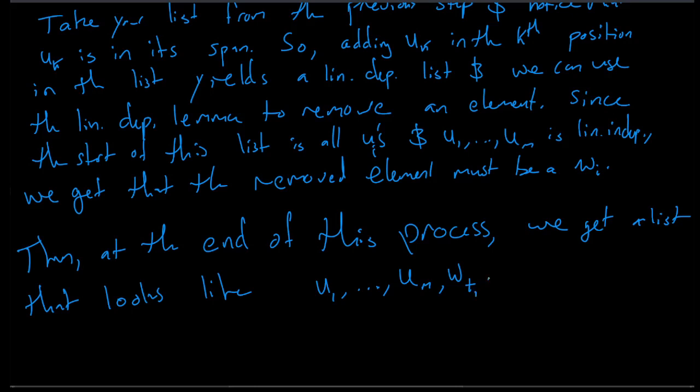I'll write it as wt1, wt2, and so on all the way up to wt(n-m). I believe it should be n minus m, because then there are n minus m w's right here and m u's, and so a total of n things, right?